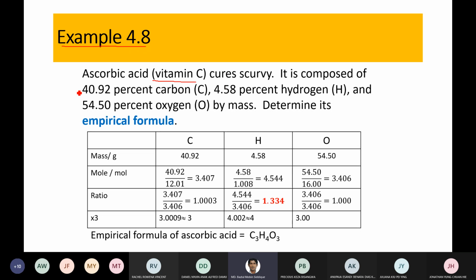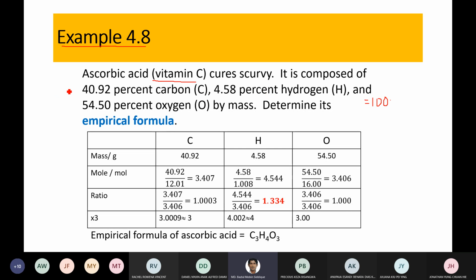So it is composed of 40.92% of carbon, this many percent of hydrogen, and this many percent of oxygen. When we say percentage, all together if we sum it up, it will be 100%, or very close to 100%, like 99.9 something percent.